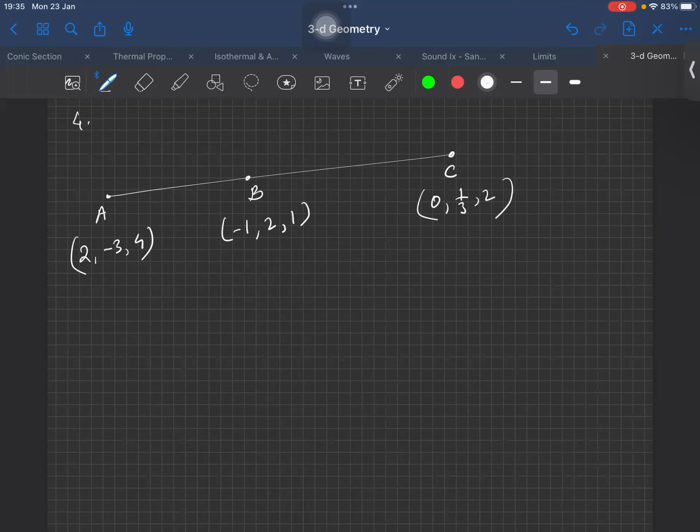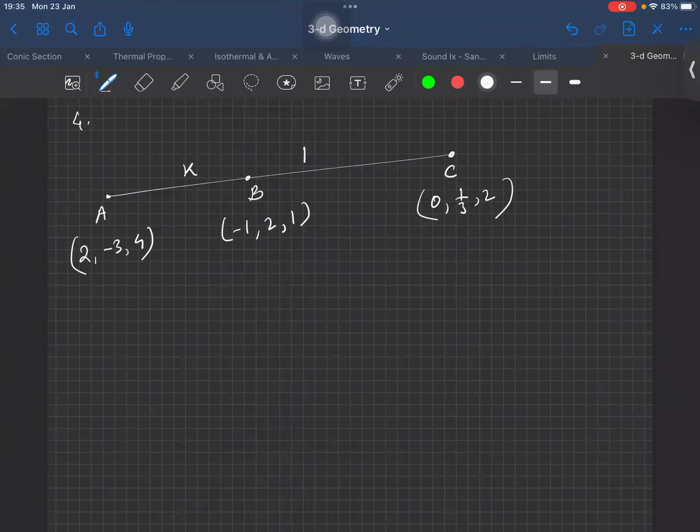So what we can do is let it divide in the ratio of k is to 1. Whether you write 1 is to k or k is to 1, whatever you want. Wait, let's show that this and this are collinear.